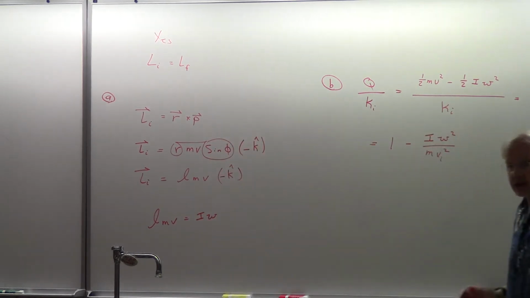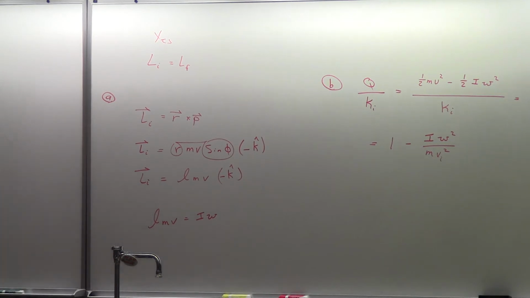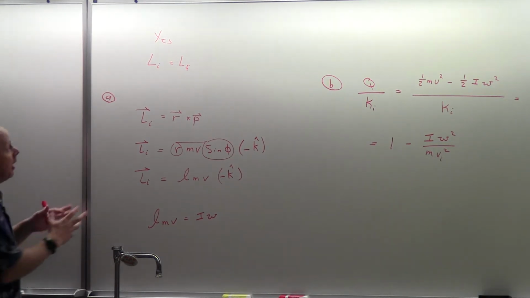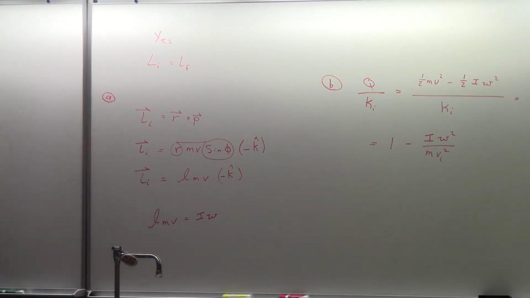That would be the next step in that line. There is a mathematical relationship between the omega and the v, of course. And so that's what makes B, I think, a hard problem to do, because we're going to use conservation of energy, but we also have to incorporate conservation of angular momentum. And we better not use conservation of linear momentum.